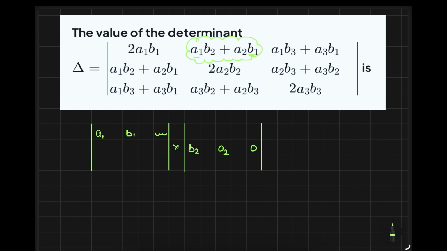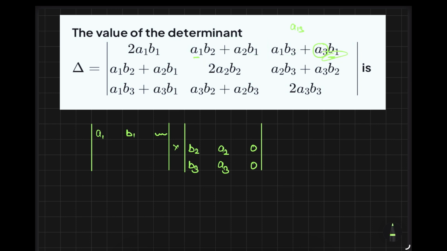So this thing is satisfied. Now look at this. This is a13. You have a1, you have b1, so this is okay. So with a1 you want b3, so here we will write b3, and here we will write a3, and next term we don't have, so I will write 0.